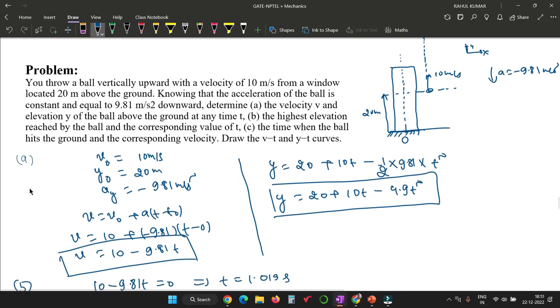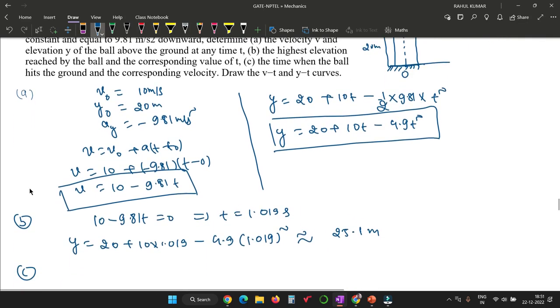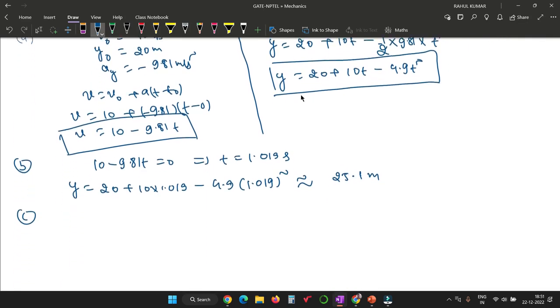And the C part is the time when the ball hits the ground. So what is the approach for this problem? Just substitute y equal to 0.